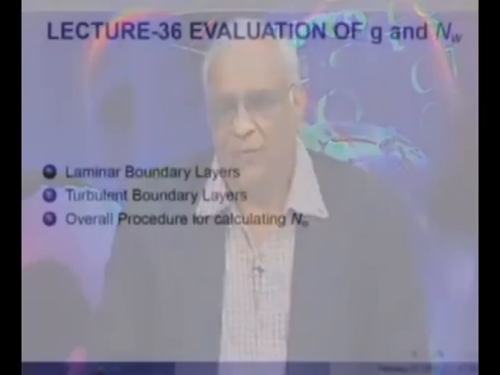In the previous lecture, we saw how the Reynolds flow model provides the boundary conditions for the boundary layer flow model. And as you recall, the Reynolds flow model is nothing but N_w equal to G times B. So, today our interest is to find out how to evaluate G and B, so that we can safely apply the Reynolds flow model for practical problem solving.